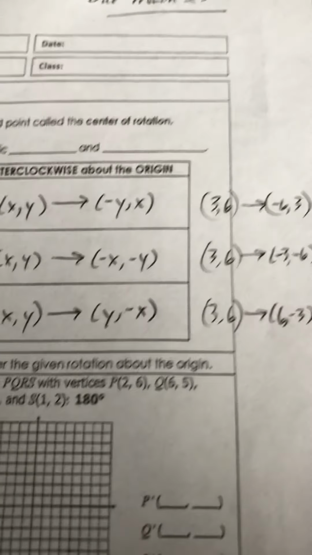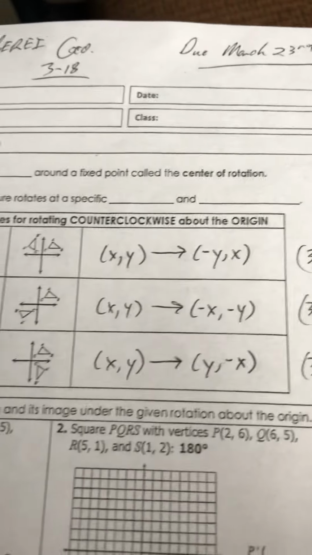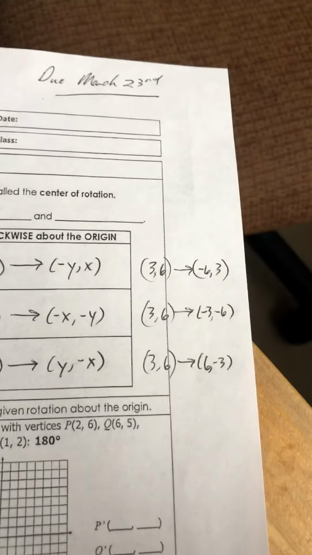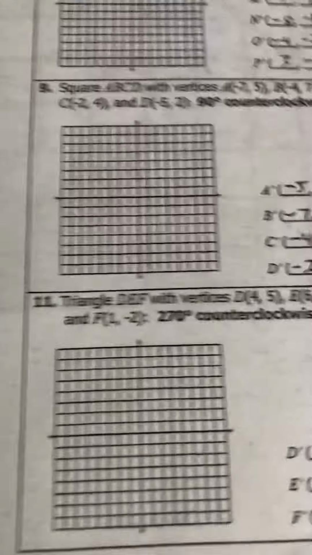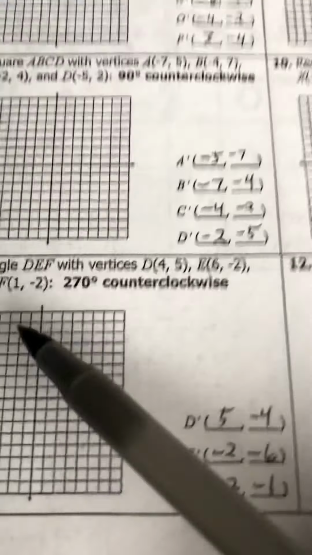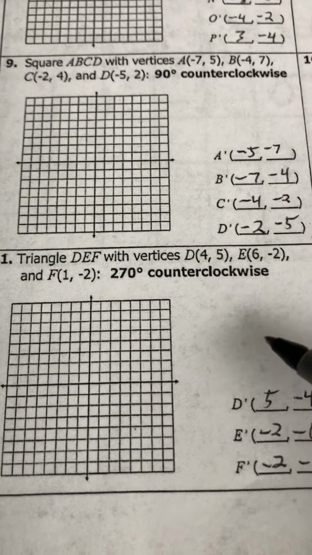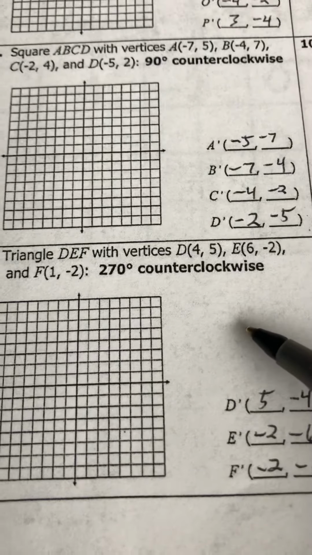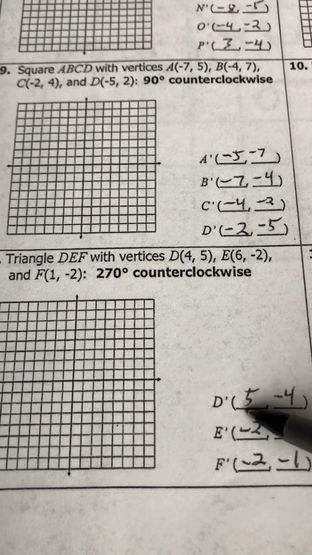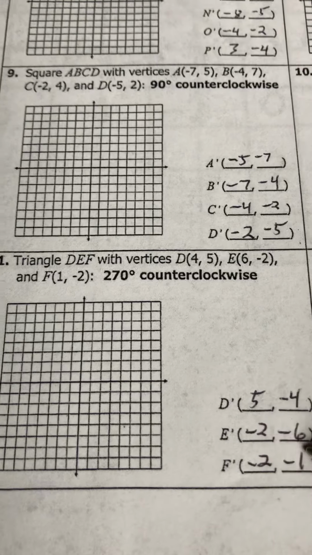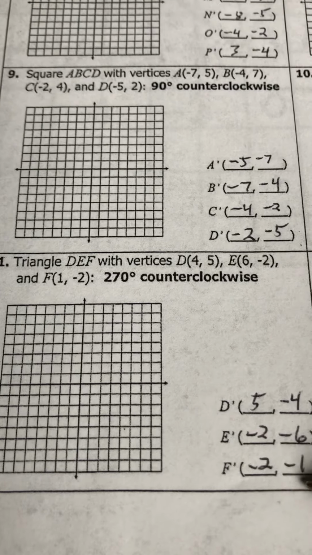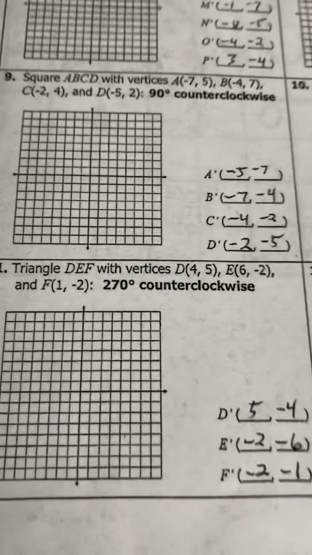If you're not sure, always refer back to the rules and the examples. Okay, and then number 11, the 270 counterclockwise, you'd follow that rule, and you should end up with 5, -4, -2, -6, -2, and -1.